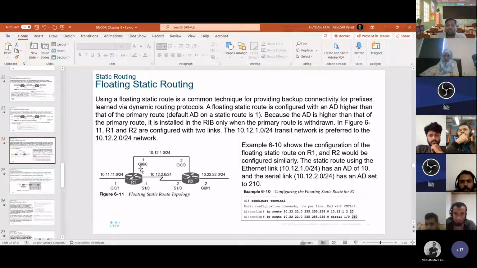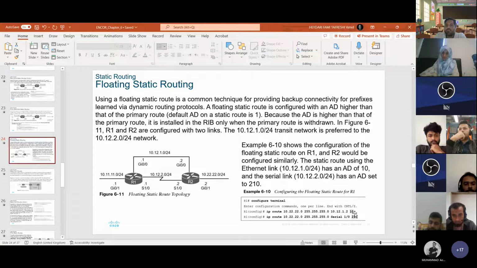How do we do that? We assign a value at the end of the IP route command that we use for static routes. Basically on R1, we say in order to get to the 10.20 network, your next hop is 10.12.1.2, which is gigabit 0/0 on R2.